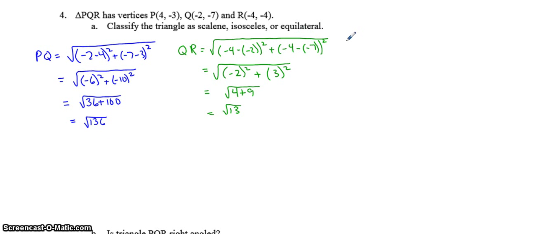But you have to find the third side, which is RP, to see if it is isosceles or scalene.